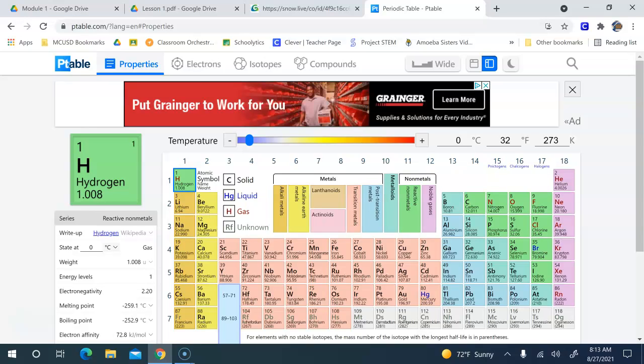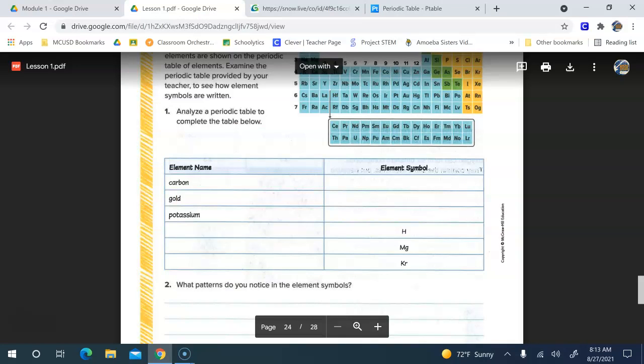So then you will go here and you're going to write out the word hydrogen. Just a hint, Kr is on the left-hand column on the periodic table. So you'll have to finish this.